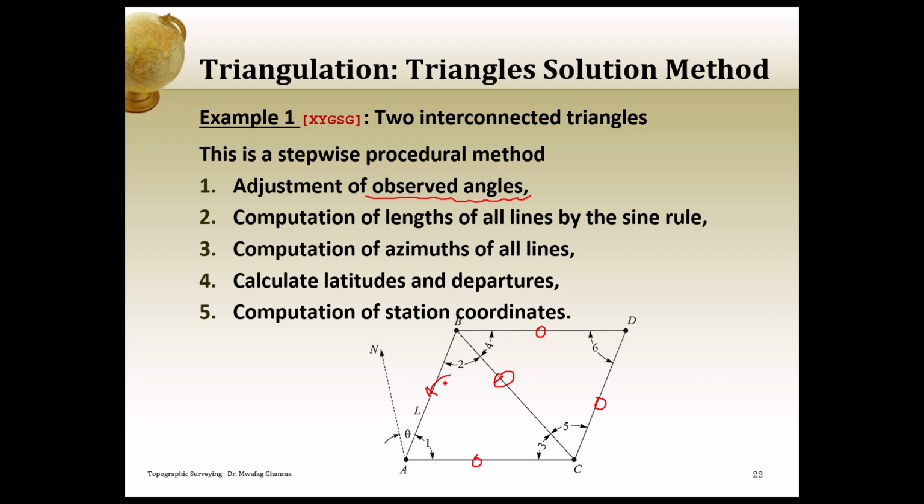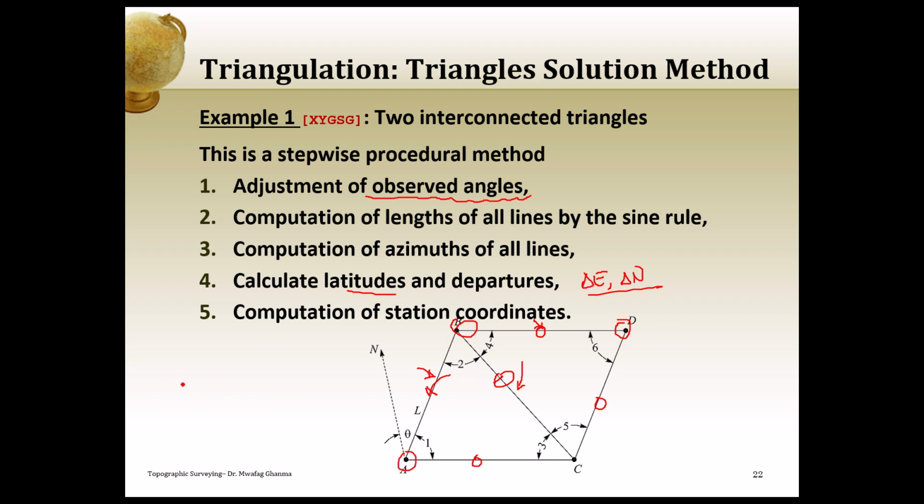Once we calculate the lines, we will take the azimuths of the lines, and then we will calculate the departures and delta E's and delta N's for every side. Once we calculate these, we will compute the station coordinates by adding.